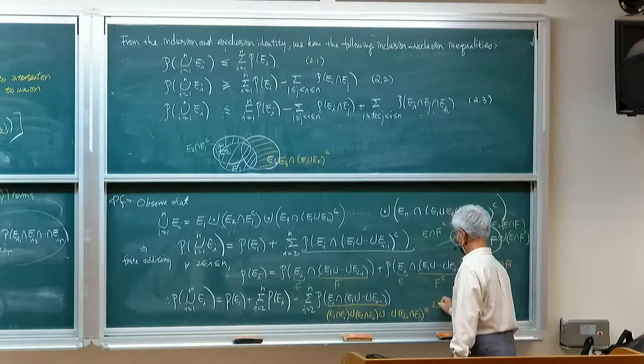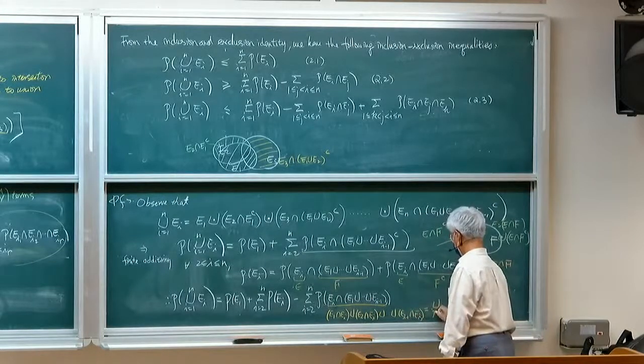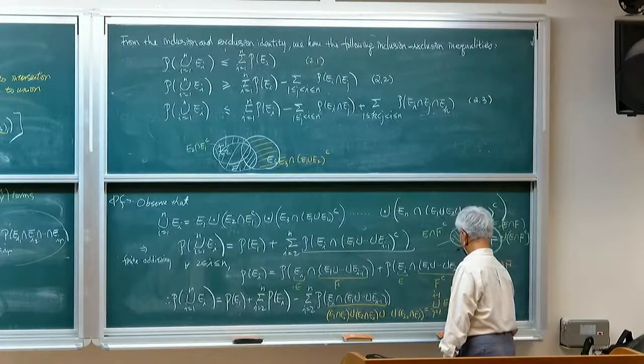So it's better to write it as the union over j from 1 to i minus 1 of Ej intersection Ei.